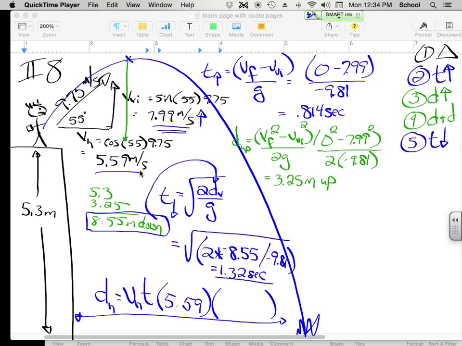So is that the number I was missing here? Yes. No. Because yes, this is my time down, but this was my time up. So step 6 says I need my time up plus my time down.